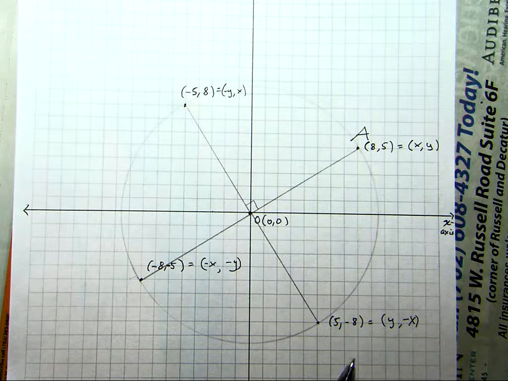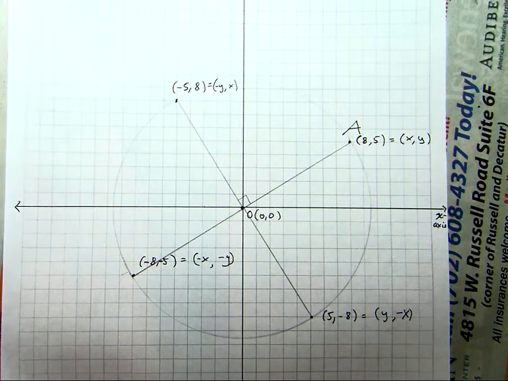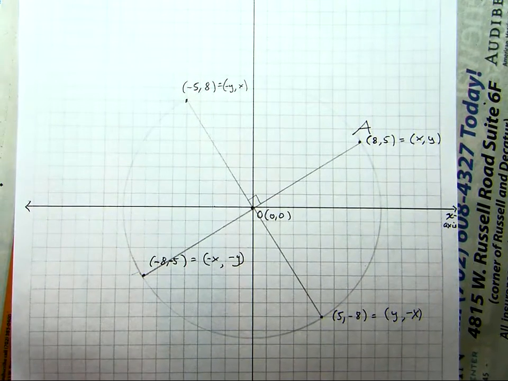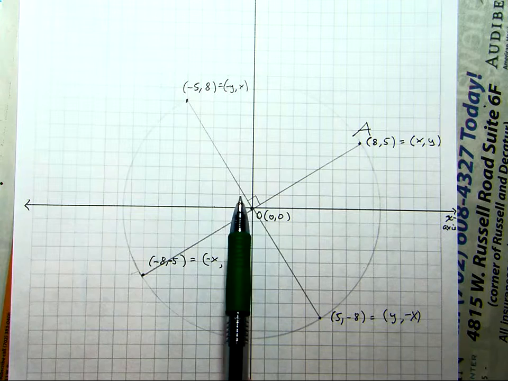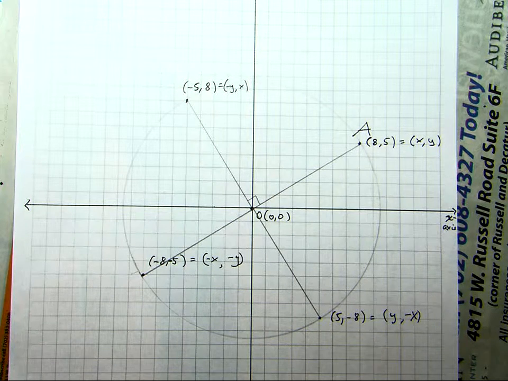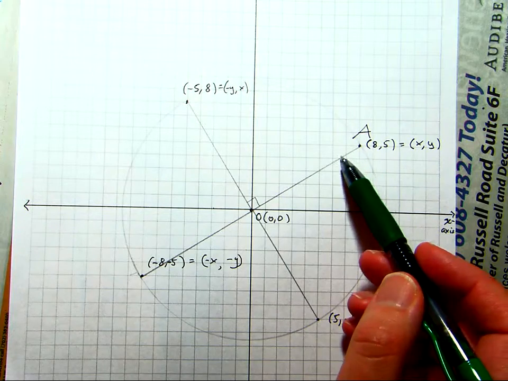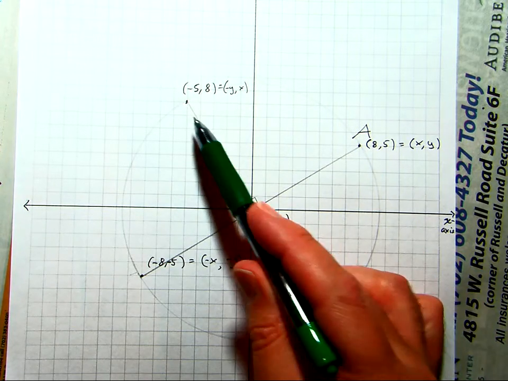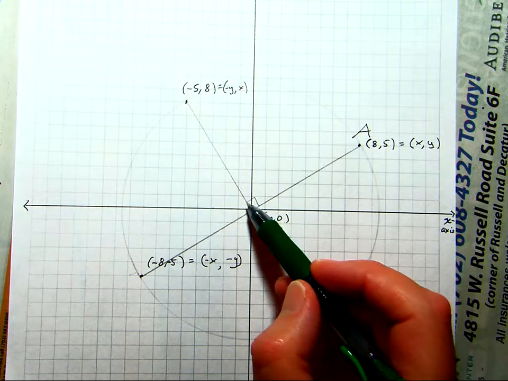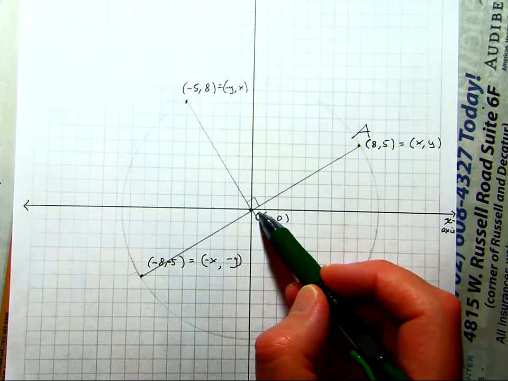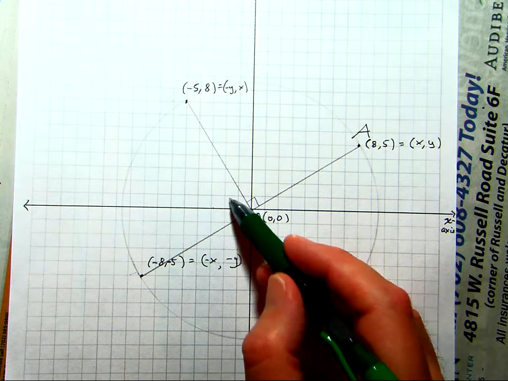But for now, we're mostly interested in one specific type of rotation, which is a rotation of a multiple of 90 degrees. So this is why we've drawn the line from O to A, and then a line that's perpendicular to it. So that you can see this is a right angle, and in fact all of these angles are right angles, aren't they? These are two perpendicular lines.